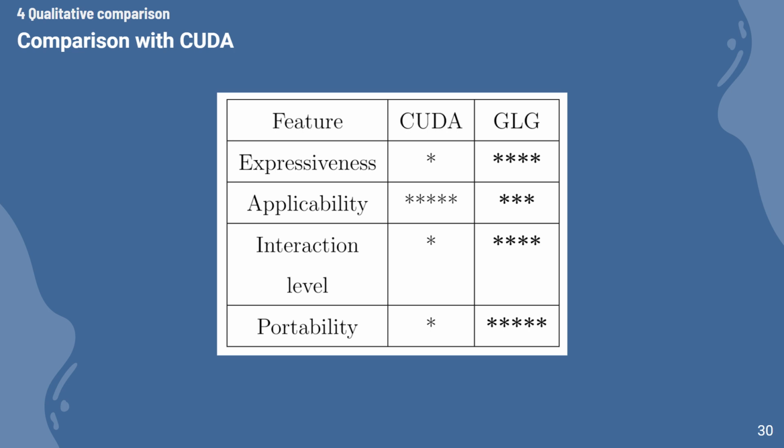As observed, GLG may have limitations in terms of applicability, since some more complex or specialized tasks may require a higher level of detail and precision that can only be achieved with textual languages.